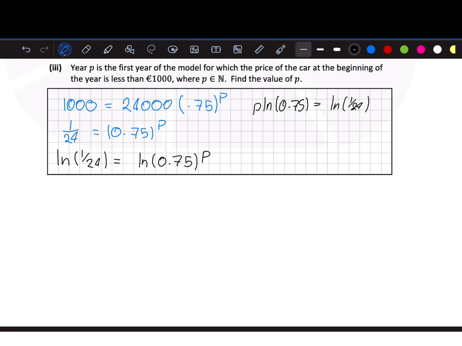And now we just divide both sides by the log of 0.75. So then we get p is equal to the log of 1 over 24 divided by the log of 0.75. And if we stick all that into our calculator, we end up with p equal to 11.047. In other words, P is equal to year 12.